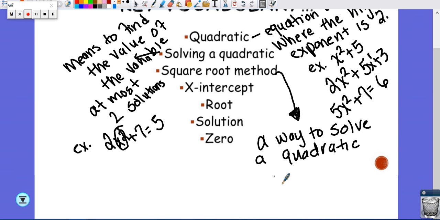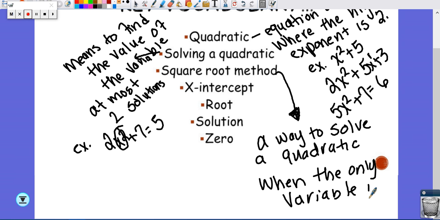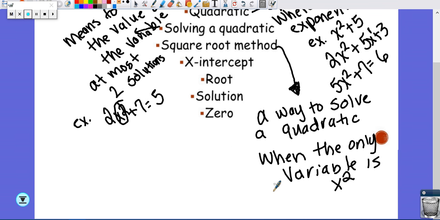And so it's a way to solve a quadratic when the only variable is x squared. So when you see only x squared in the quadratic, then you can use what is called the square root method to solve that quadratic. So here's an example.